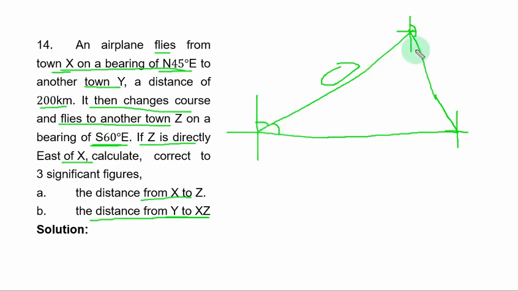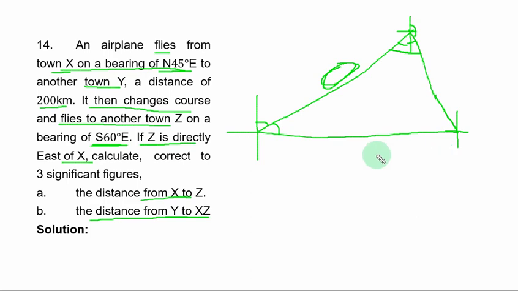This angle is equal to this angle. From here to here is 120. Here becomes 60 degrees. So the whole of this angle is 105 degrees. This side is 200 kilometers. To get the distance from S to Z, we can use sine rule.